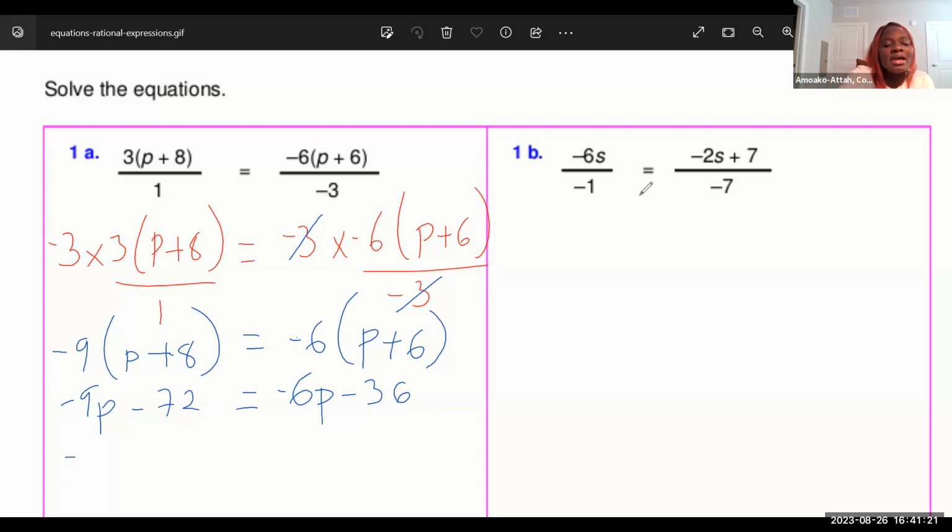So we have negative 9p, then we have negative 6p at the other side of the equation. When it crosses the equal to sign, it becomes what? A positive number. Or we can add 6p to both sides of the equation.